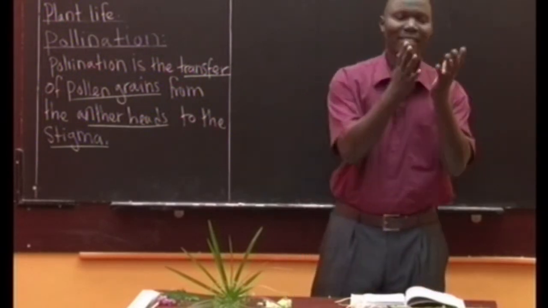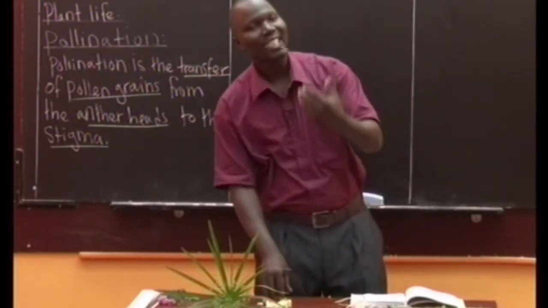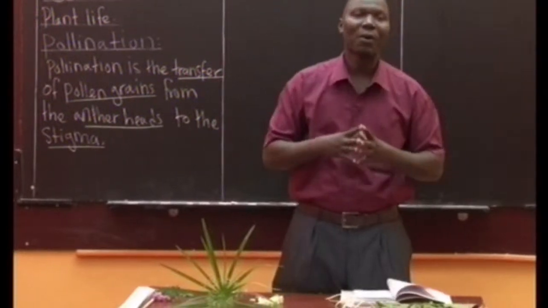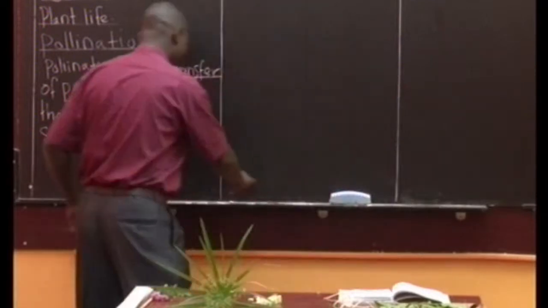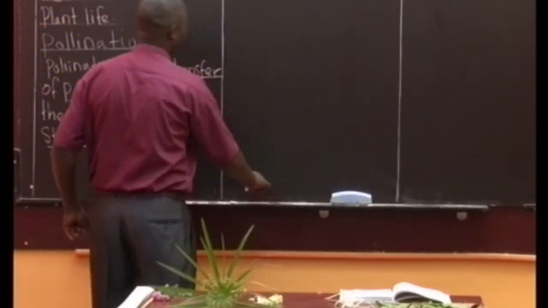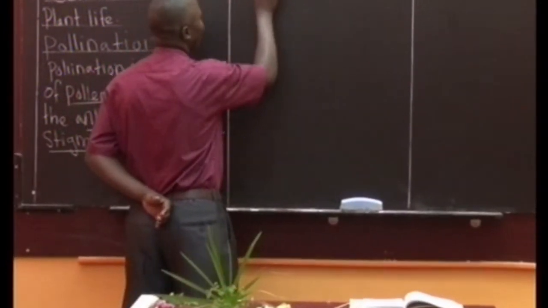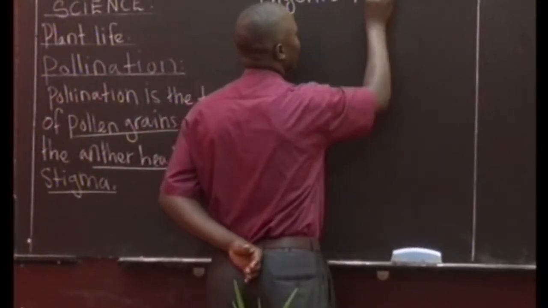Those factors, those objects, the materials that help to move the pollen from the anthers to the stigma are what we call agents of pollination. So that one is our small topic we need to look at. Let's look at what we call agents of pollination.